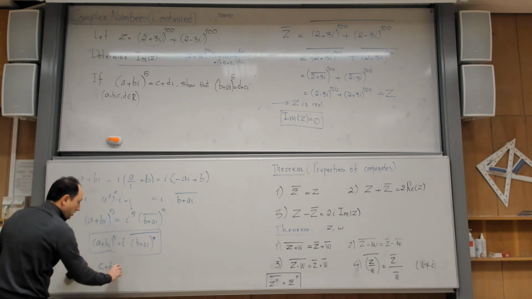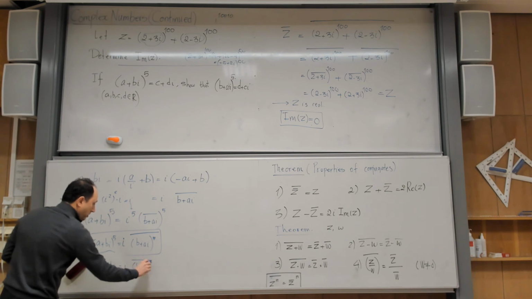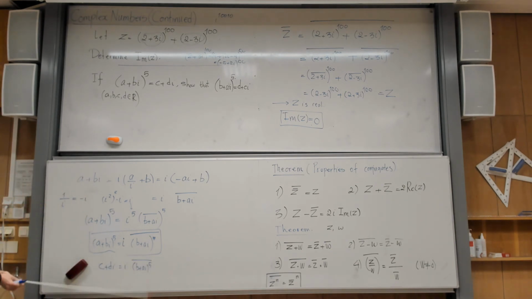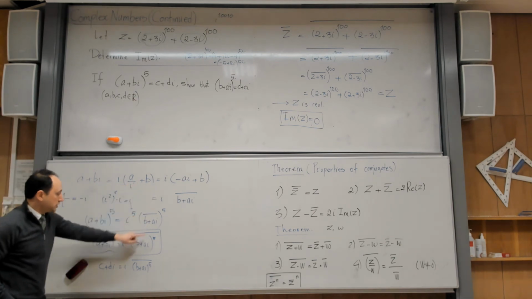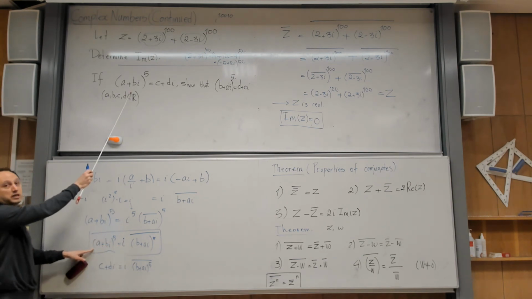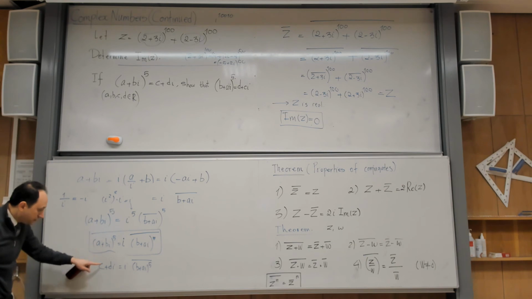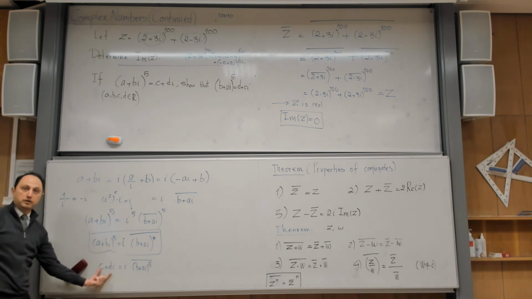And then it becomes I, (B plus AI)^5 bar. So you see, when I started this calculation, I didn't even look at here. I started this calculation up to here. So this calculation is independent of my assumption. Now this is the first time I am using my assumption. Instead of this, I put this one.